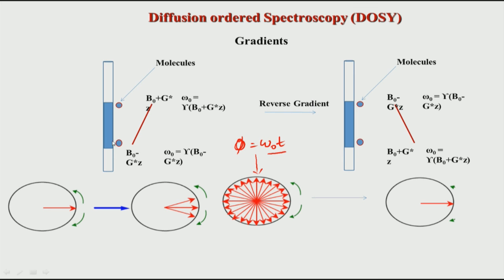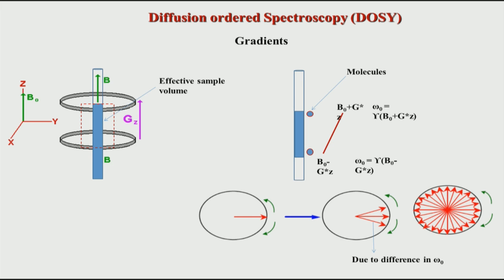This results in each part of the sample having a different phase, and so in total dephasing, which can be reversed by applying an opposite gradient, which also creates a spatially varying field, but now undoes what was done before. So, how do you create a reverse gradient? Simply reverse the direction of the current which we saw in the previous slide. You apply the reverse direction and the gradient magnetic field is changed.